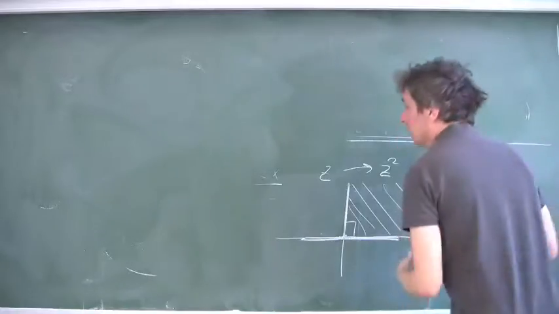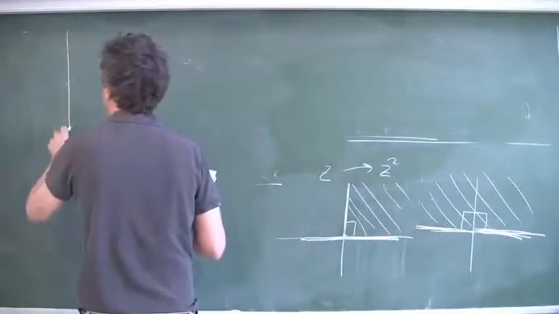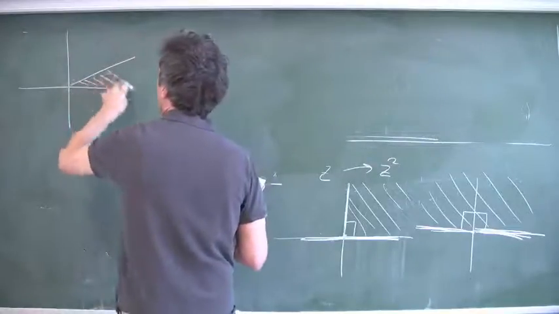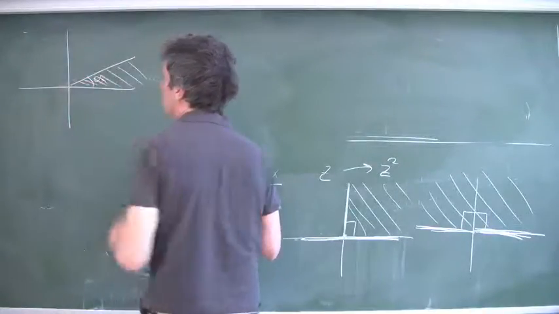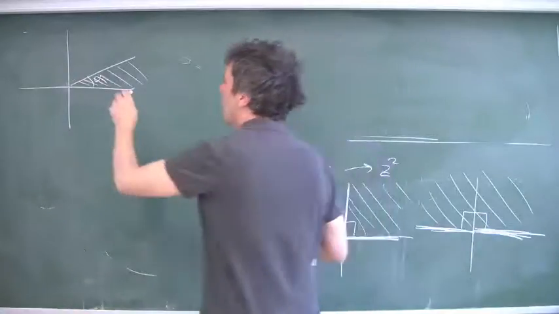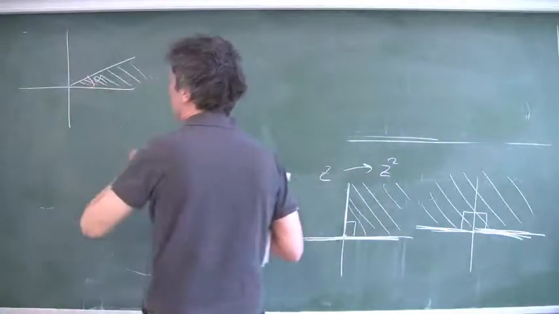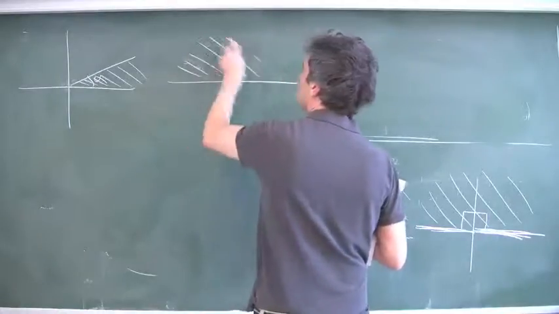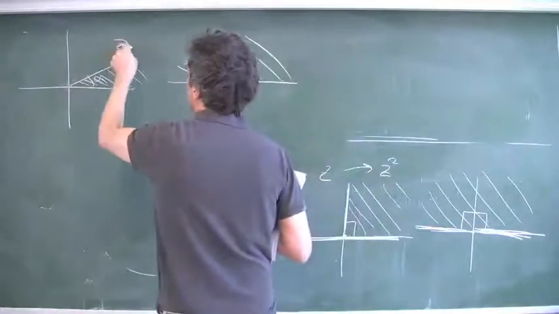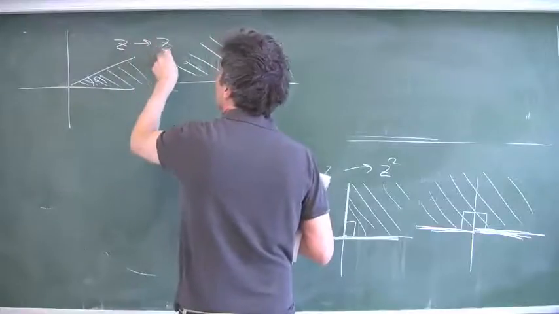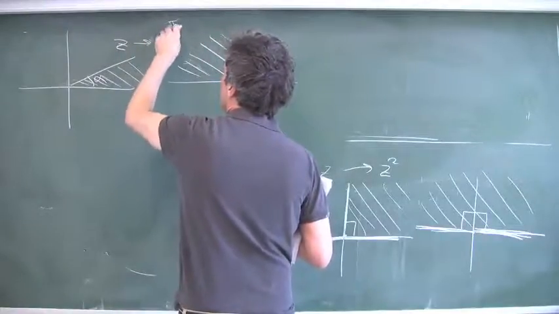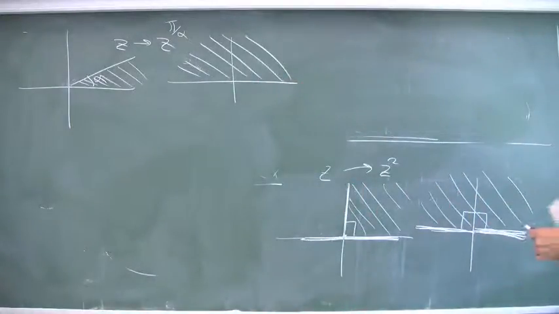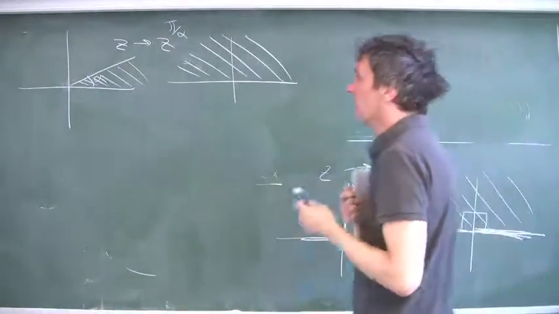And in fact, if you take any sector-like region here now, with an opening angle alpha, then you can map that onto a half plane by the map which takes z to the power pi divided by alpha. And there are many other examples also.